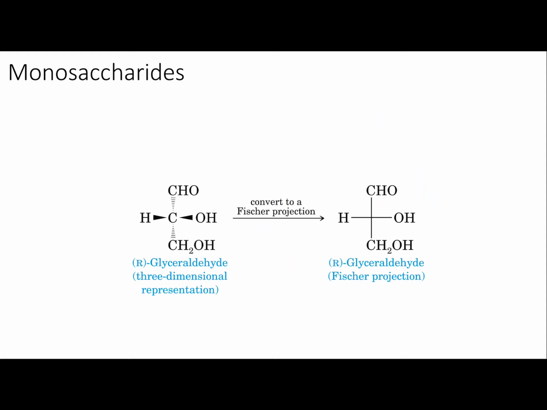The vertical lines are the bonds going backward, projecting to the rear from the stereocenter. Only the stereocenter is in the plane of the screen in this case. So these bonds pointing out at you, these going away from you, this one lined up flat with your screen.